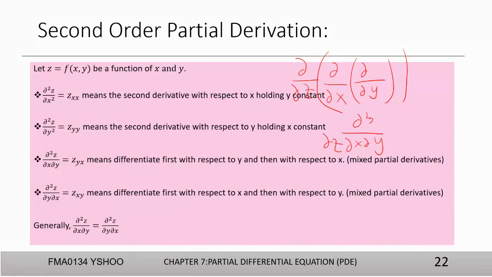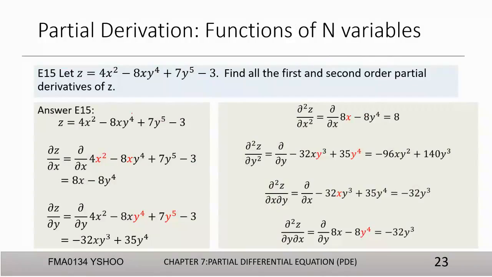When you differentiate with respect to both x and y, they call it a mixed partial derivative. If they ask you to find all the first and second order derivatives, you first differentiate towards x, then towards y, and from here you do the second derivative for x, so you get del squared z over del x squared.